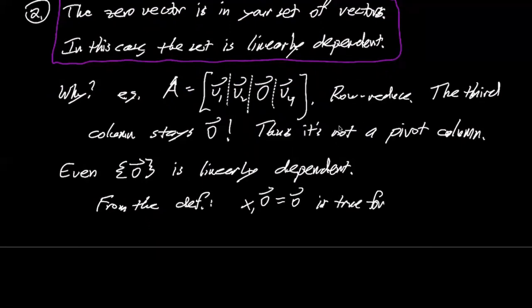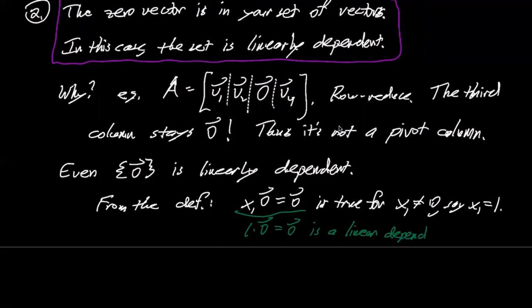It doesn't force x1 to be 0. It's true for x1 not 0, like say x1 equals 1. And so this is a linear dependence. Or maybe I should say 1 times the 0 vector equals the 0 vector is a linear dependence relation, a dependency, I guess, is what I would call it in another video. Kind of silly, but still, we consider that to be linearly dependent. Okay.